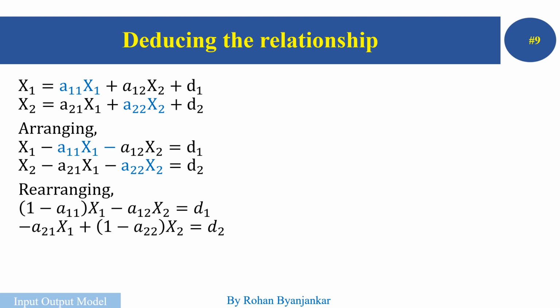So now we can transform the equation in slide number 6 as x1 equals a11 x1 plus a12 x2 plus d1, and similarly for x2. We will rearrange in such a way that we move a11 x1 plus a12 x2 to the left hand side, and we keep d1 on the right hand side.